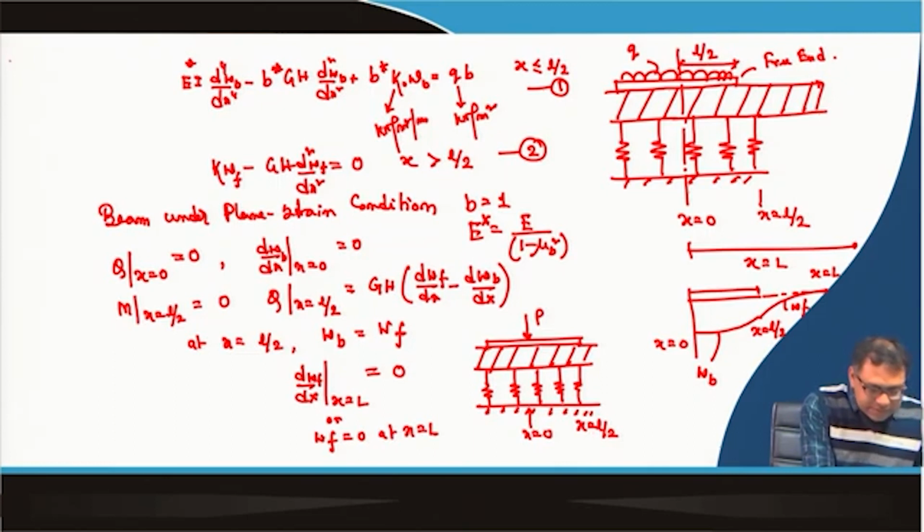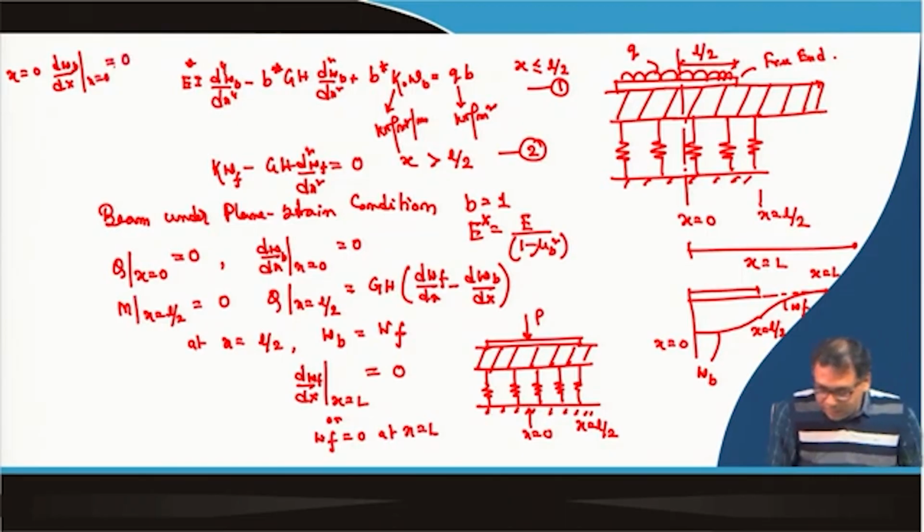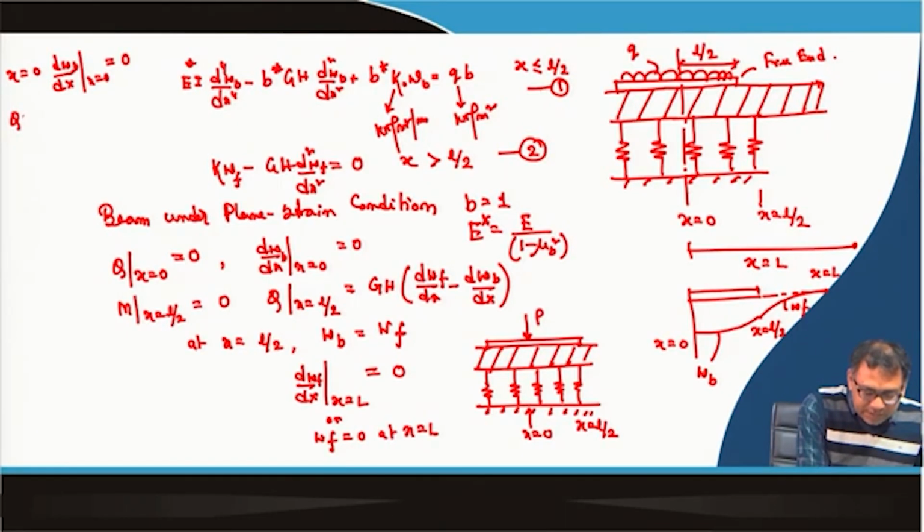So, the boundary conditions: dWb dx at x equal to 0 will be equal to 0. Now, your shear force at x equal to 0 will not be 0 here.